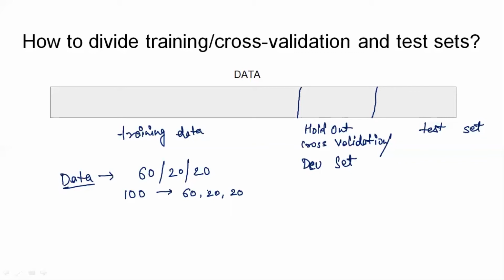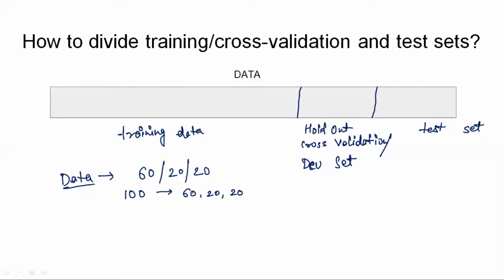So this is the function of the cross validation data set, where you only need to test which of your learning algorithms works best on your data set. Okay, so for small data sets like 100 or 1000 or at max say 10,000 examples, where the size of the data set is not very large, this ratio of 60 is to 20 is to 20 is very comfortable for training your algorithm.